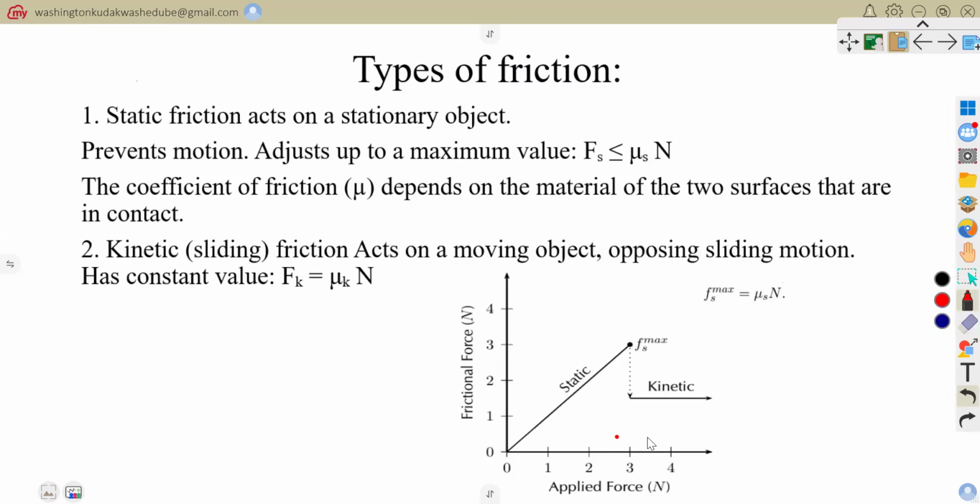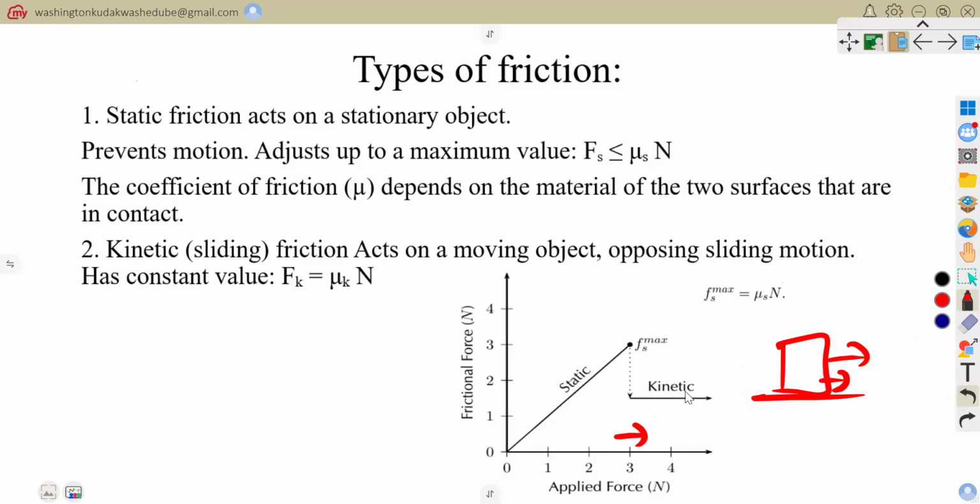As we go beyond this 3 Newton of applied force, the box or object will start moving, which shows that we have now overcome what we refer to as the maximum static frictional force.